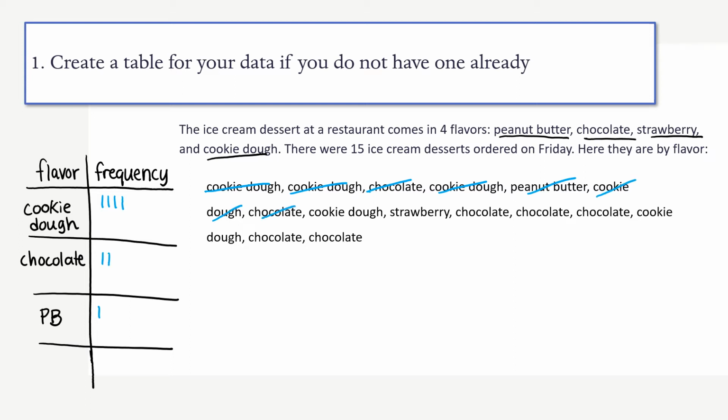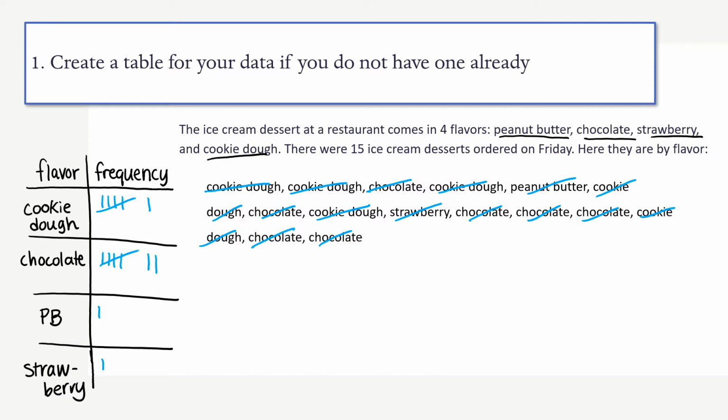chocolate, cookie dough, a strawberry, chocolate, chocolate, more chocolate, more cookie dough, and then 2 more chocolates.